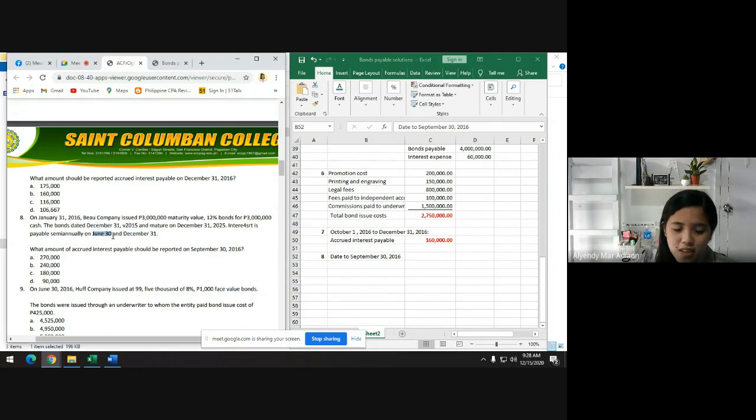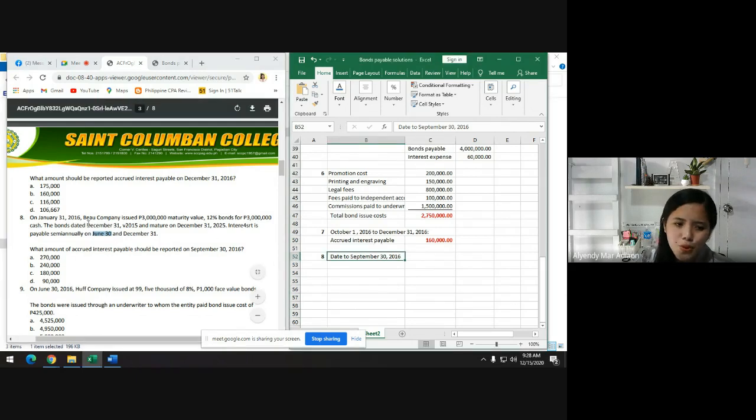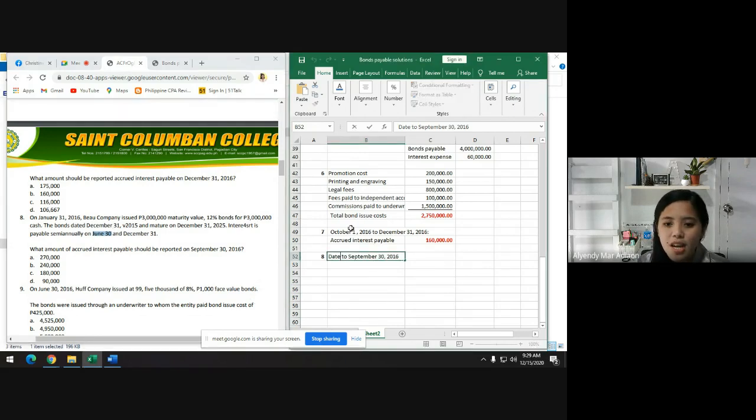That would be on June 30, 2016. Kay, diri man ta last nagbayad, no? So, dili na ta musugod aning December 31, 2015 kay wala na may accrued interest payable kay nabayaran naman ato June 30. So, starting from June 30 to September 30, which is the one as in the problem, so mao na ito ang basis for our accrued interest payable. So, June 30, 2016 to September 30, 2016.